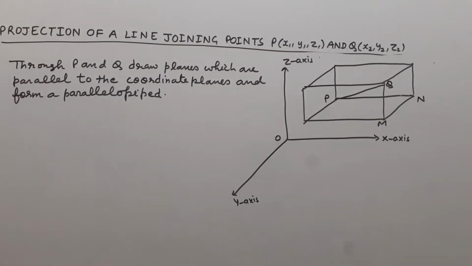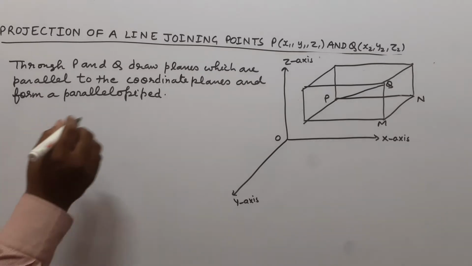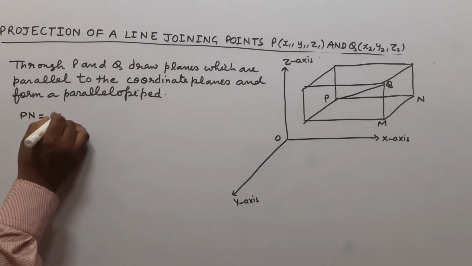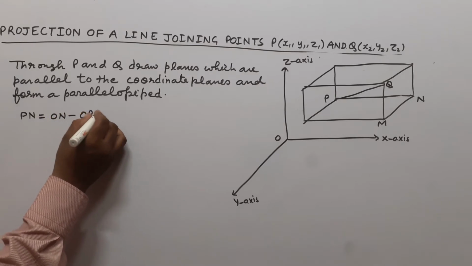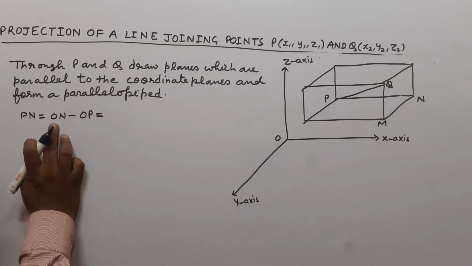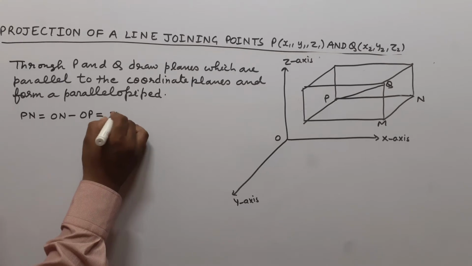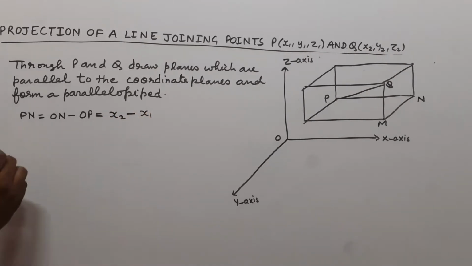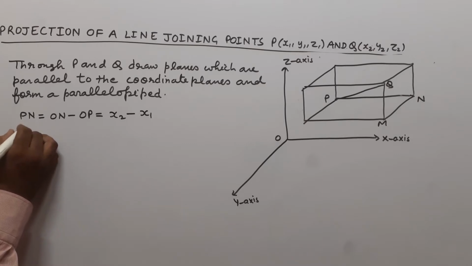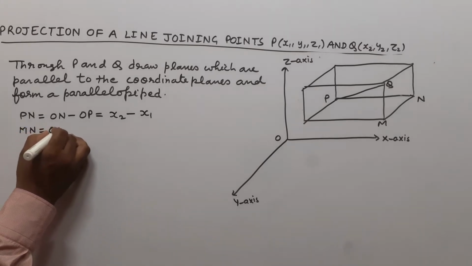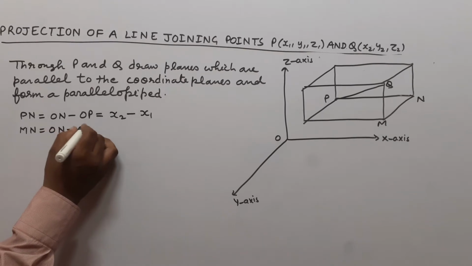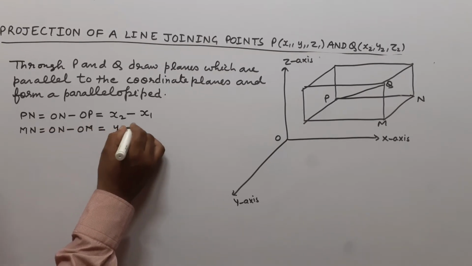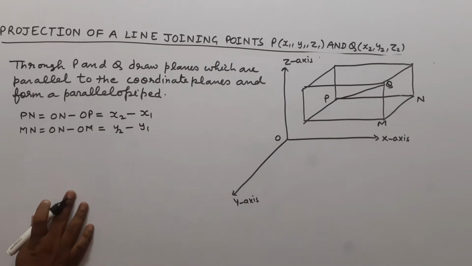So in this figure we find PN. PN is equal to ON minus OP. ON is the x coordinate x2 and OP is x1. Similarly we find MN, that means ON minus OM, where the y coordinate is y2 and OM is y1.